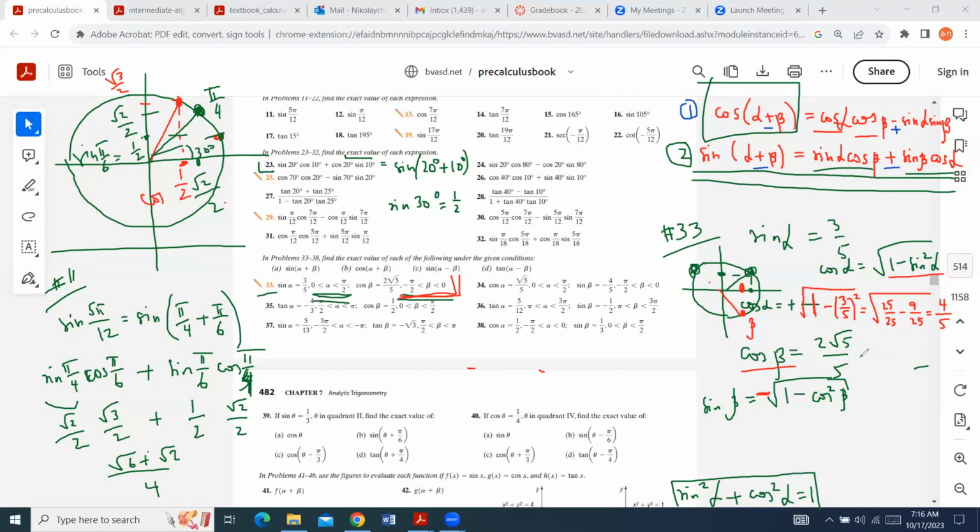Now with beta, it's going to be a little bit messier because now we're going to subtract from 1 cosine squared, and this is what I'm going to have to square. Okay, so I'll put it with square: 2 roots of 5 over 5. And then when we square this, our denominator will be 25. So I can, again, put 25 25ths instead of 1. And we're going to be subtracting some 25ths.